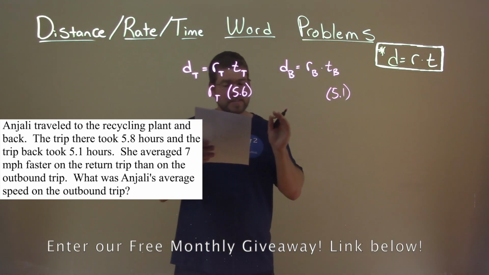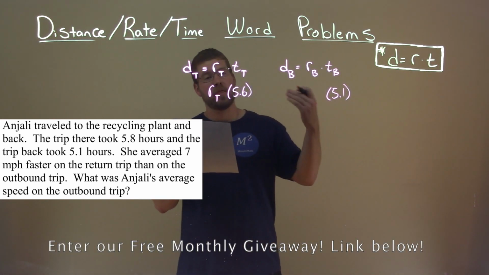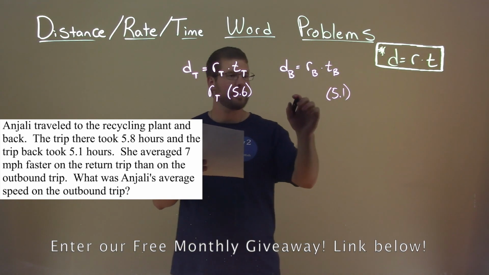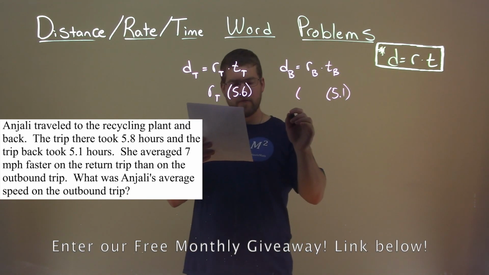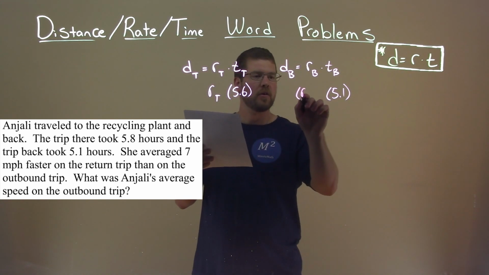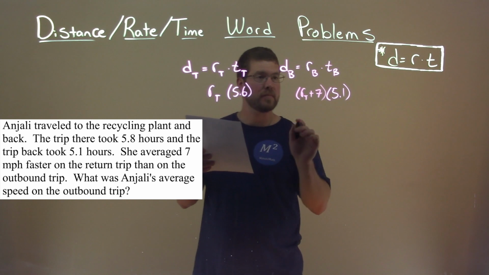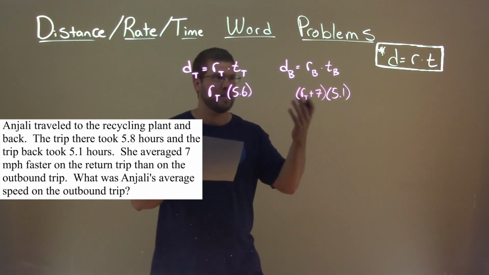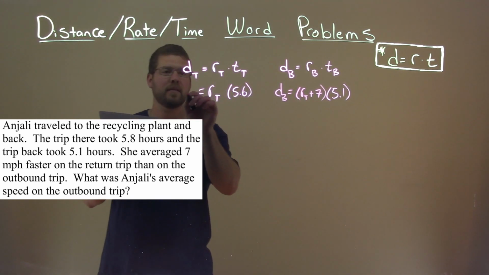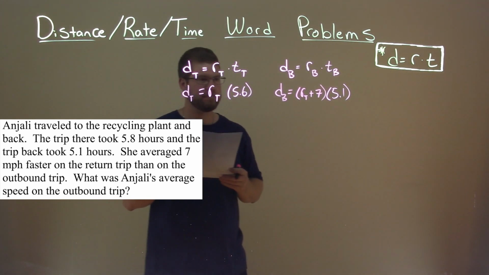But she averaged 7 miles per hour faster on the return, so that's right here, the trip back. It's the original speed, r sub t, plus 7 is the rate returning. So bring down d sub b, and then bring down d sub t.